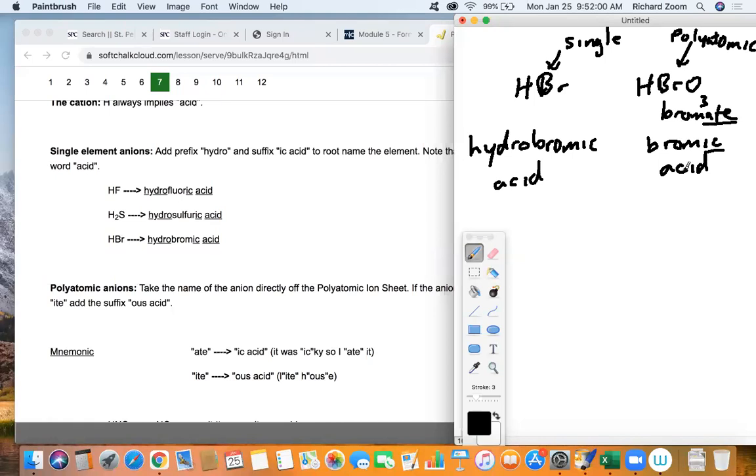So that becomes bromic acid. Anything that ends in ite becomes ous acid. So I've got a couple of mnemonics here. It was icky, so I ate it, and ite and ous, like lighthouse. So that's a way you can remember that.